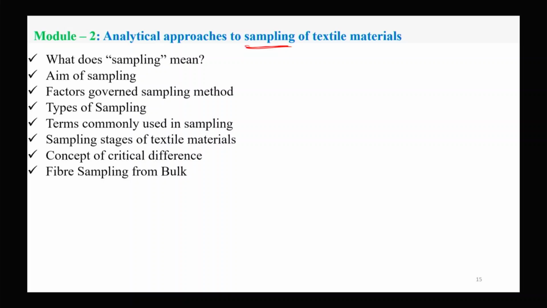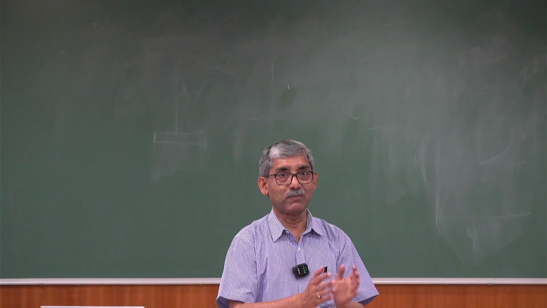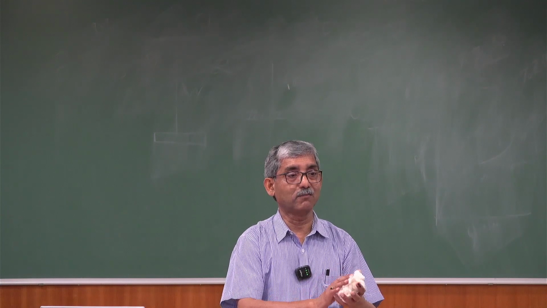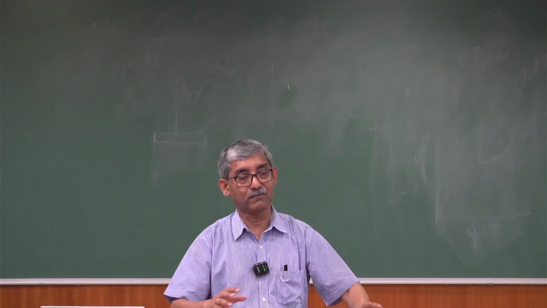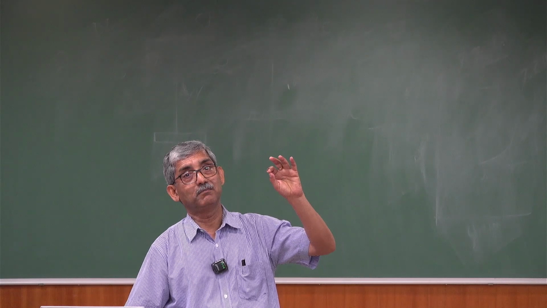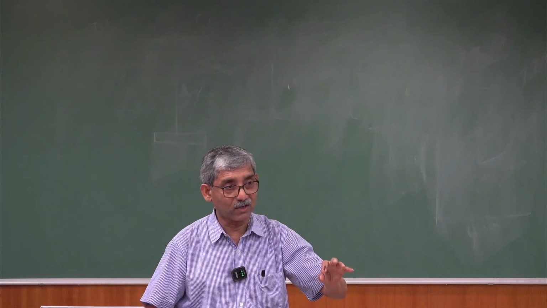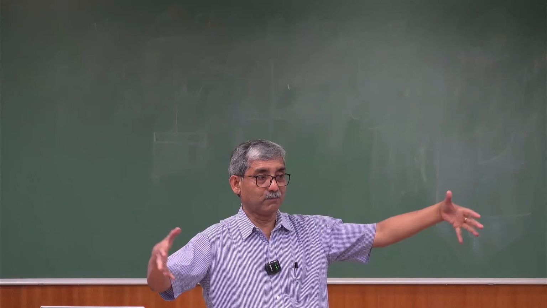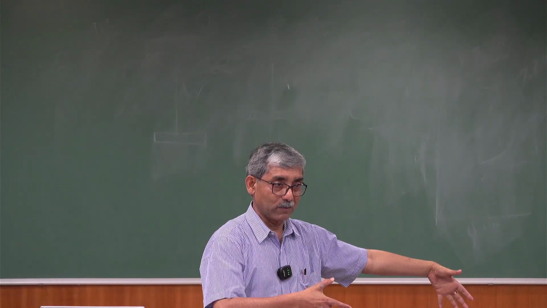Fiber sampling from bulk. Now coming to the sampling methods, fiber sampling from the bulk. How to sample fibers from bulk? Basically, cotton is in bale form and wool is also in bale form.